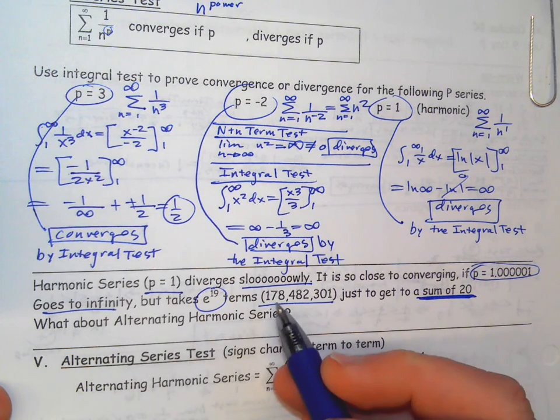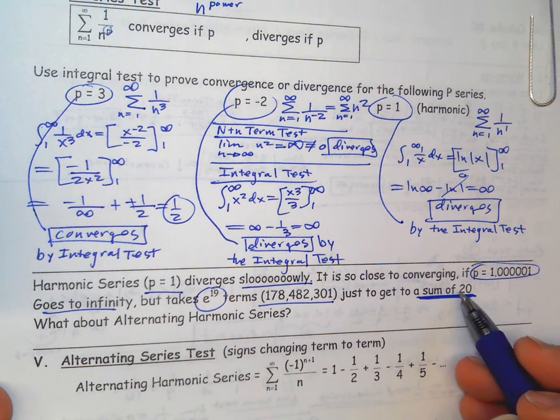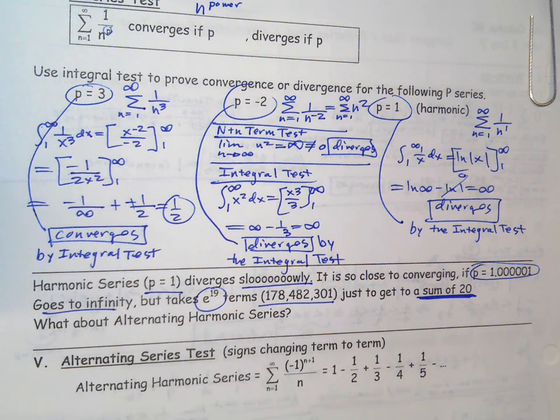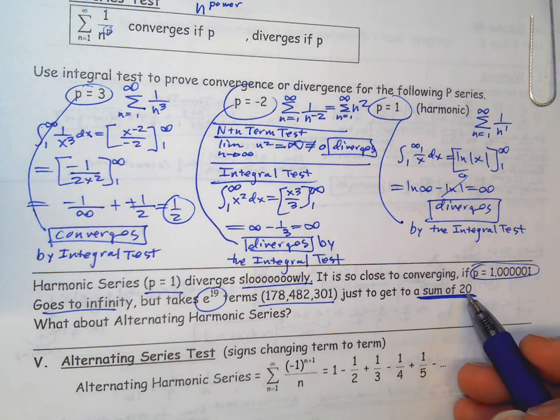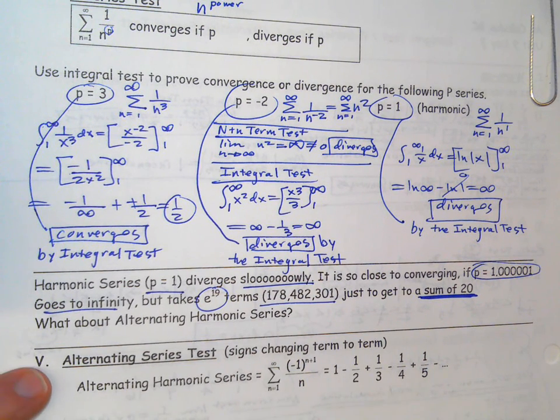So even after almost 200 million terms, all added up, it's still just at about 20. So it's diverging, going to infinity very slowly, but it does continue to get bigger.